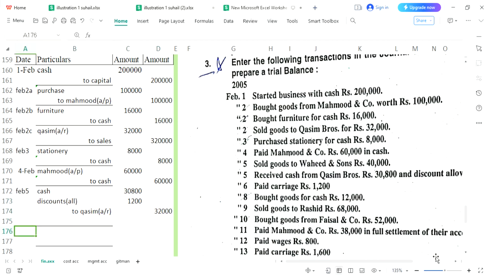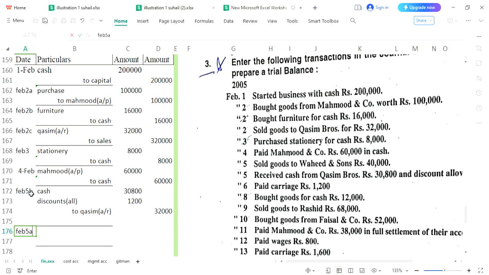Let's see, after February 5th we have another February 5th. We have received cash from Qasim. It was February 5. Sold goods to Wahid is skipped. Sold goods to Wahid and Sons for rupees 40,000 is skipped. So we may write over here 5B, and now the skipped entry we will do, that is the February 5A entry.